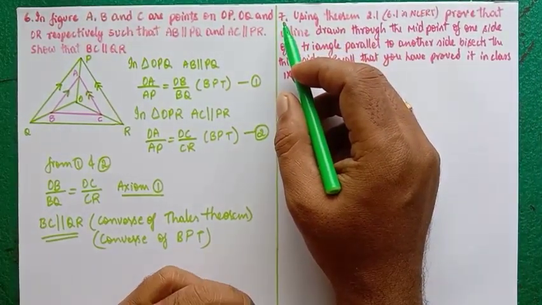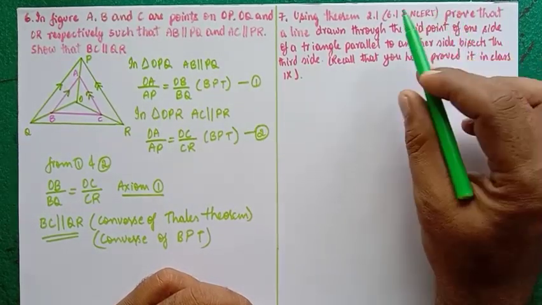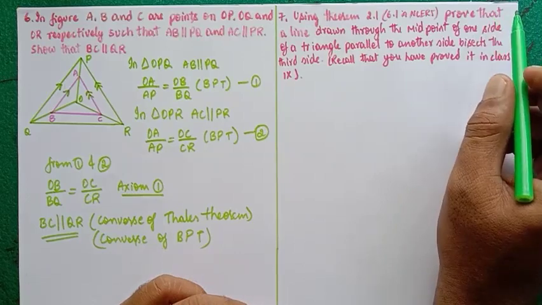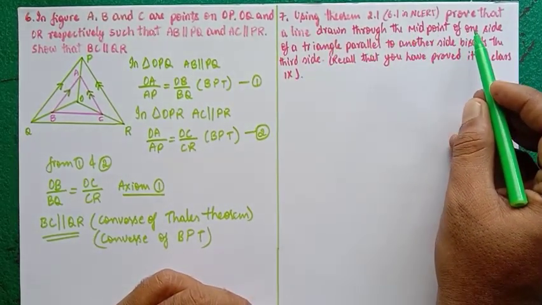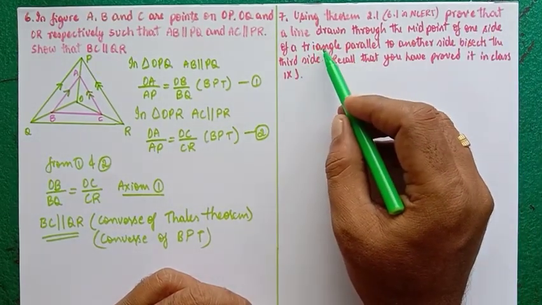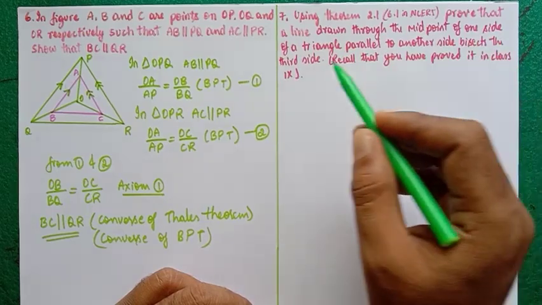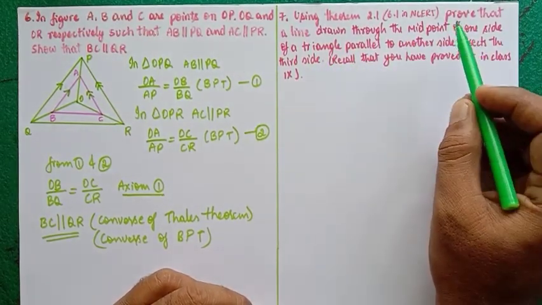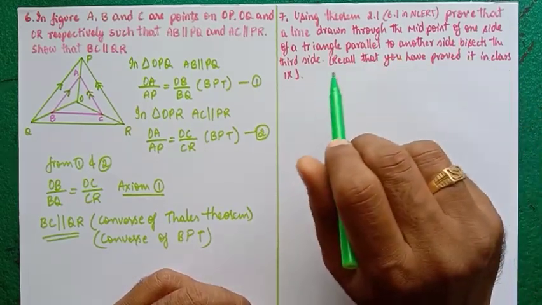Seventh problem. Using theorem 2.1, that is the Thales theorem, prove that a line drawn through the midpoint of one side of a triangle parallel to another side bisects the third side. Recall that you have proved it in class 9.